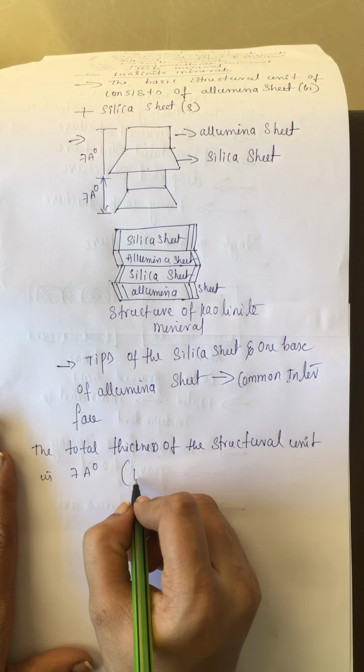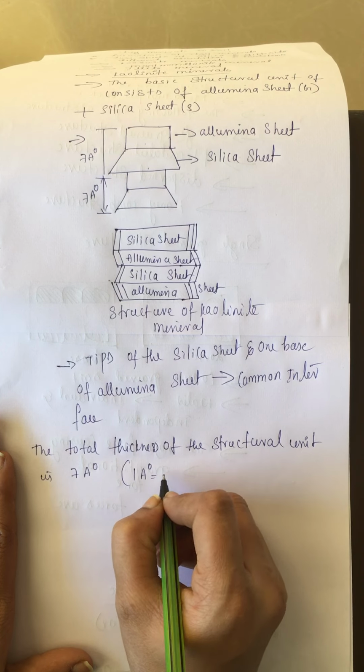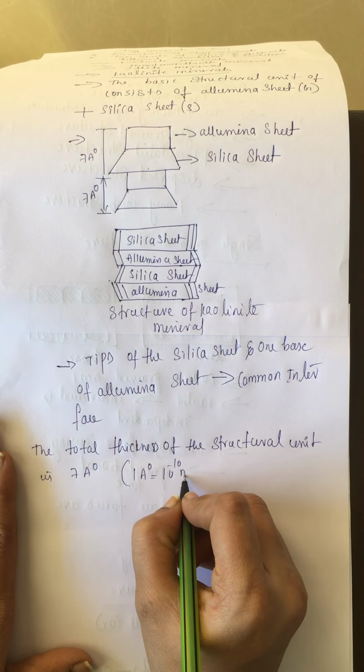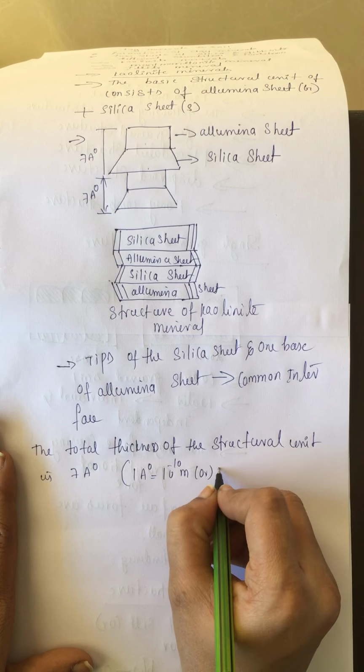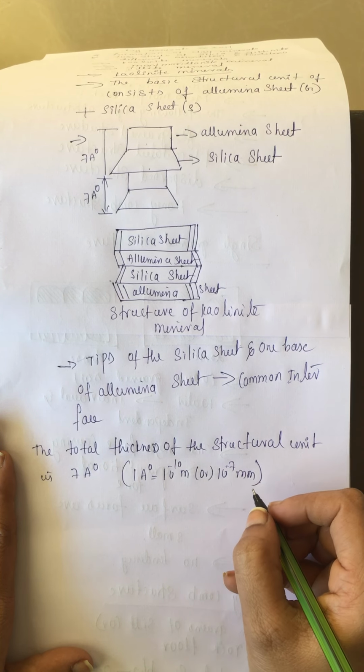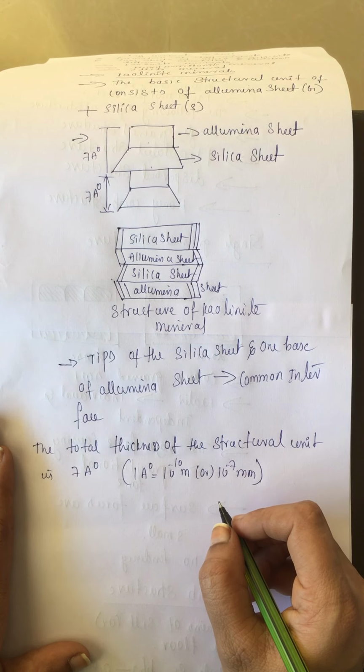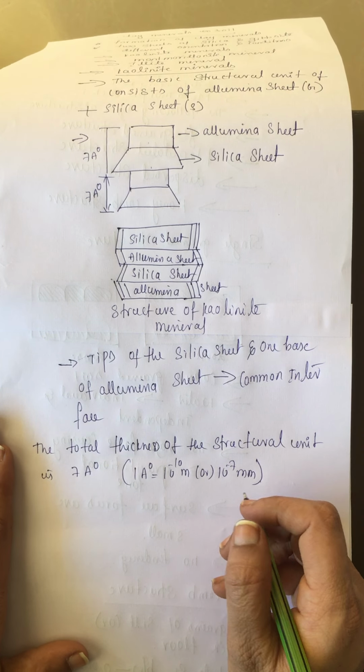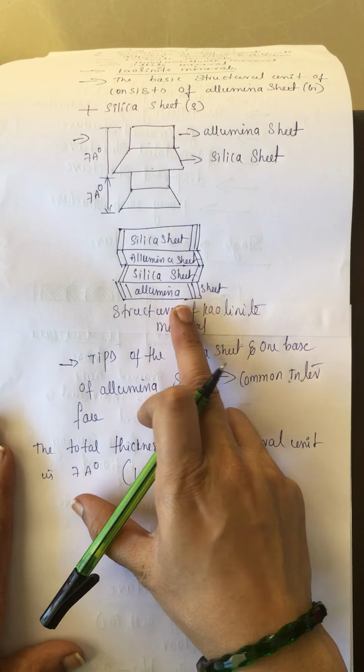That is, 1 angstrom is equal to 10 power minus 10 meter or 10 power minus 7 millimeter. The kaolinite mineral is found by stacking one over another. You can see it in the diagram.